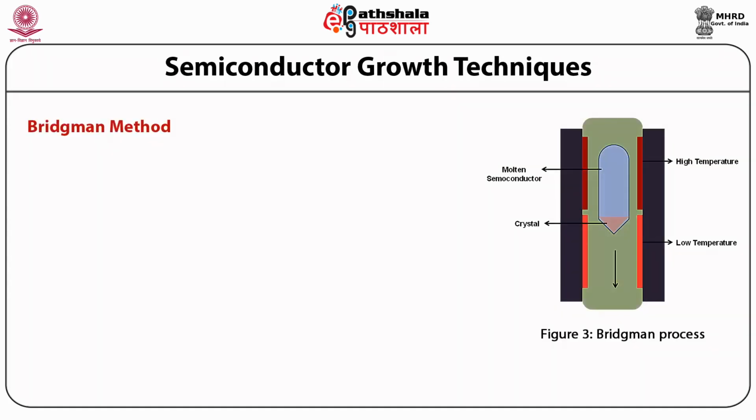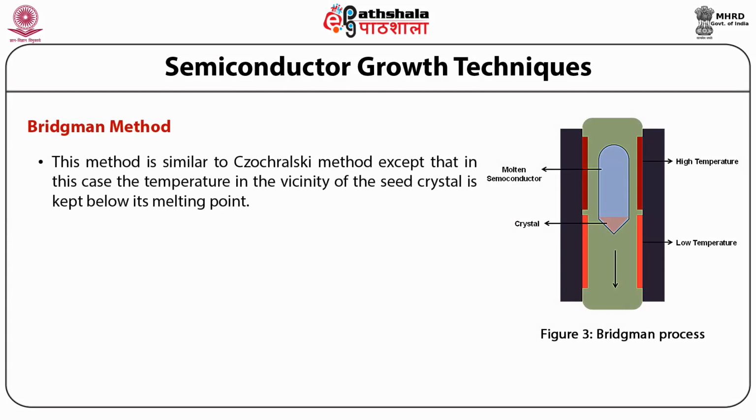Bridgman method. This method is similar to the Czochralski method except that in this case the temperature in the vicinity of the seed crystal is kept below its melting point.